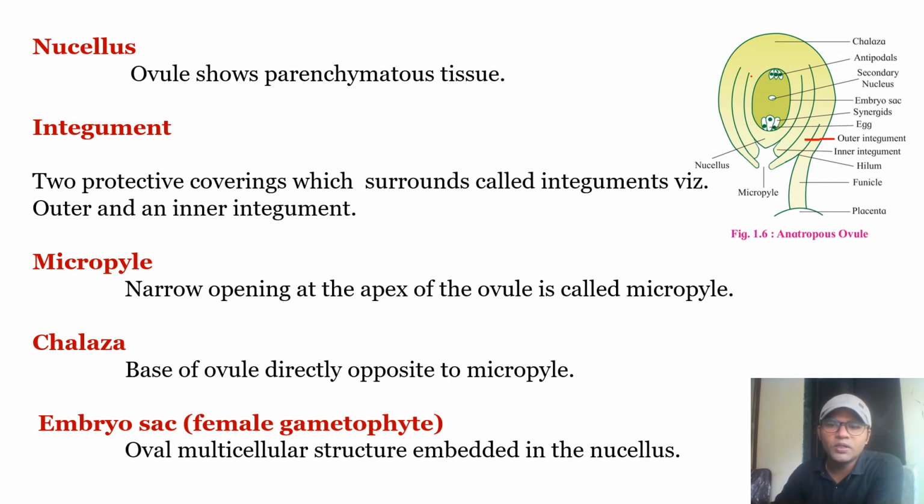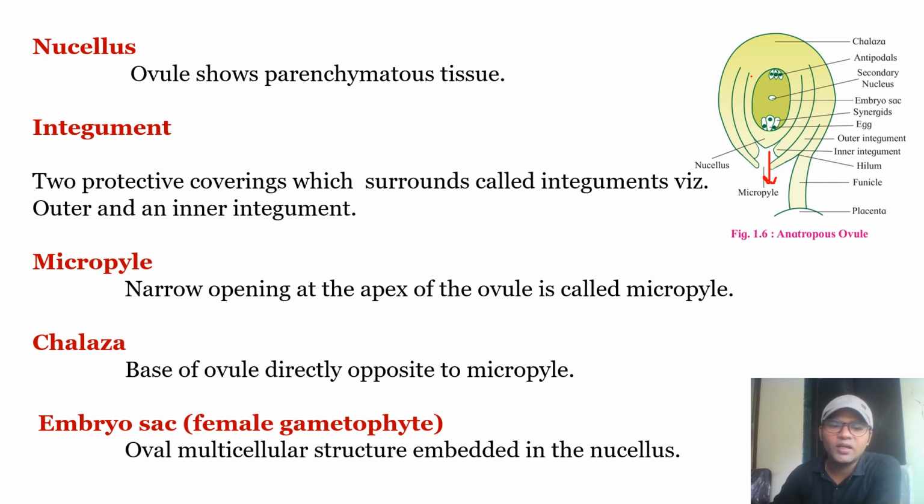What is micropyle? Micropyle is nothing but an interruption in the integuments which leads into the opening. What is the role of micropyle? Micropyle is responsible for the entry of the pollen tube into the embryo sac.